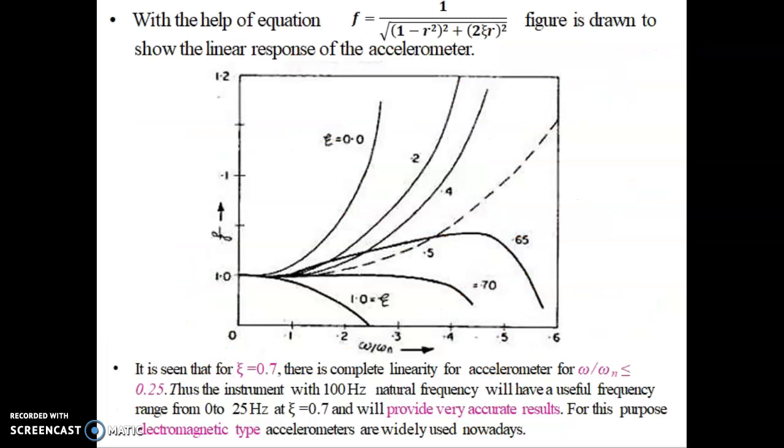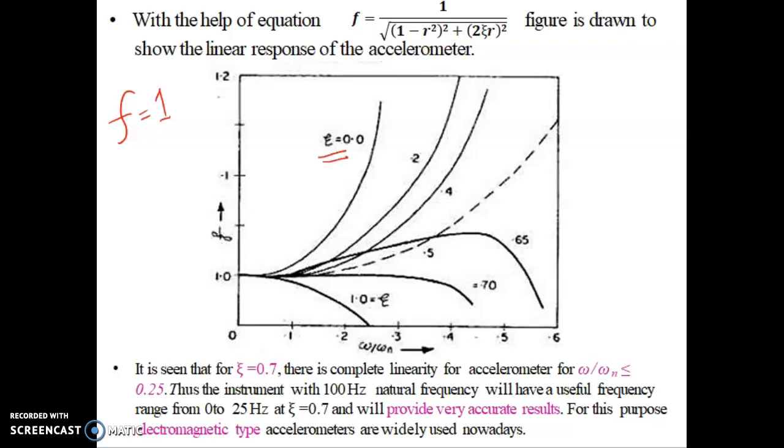Now we consider the condition for f equal to 1. So let's consider the graph f versus r, or otherwise omega by omega n, for different theta values.